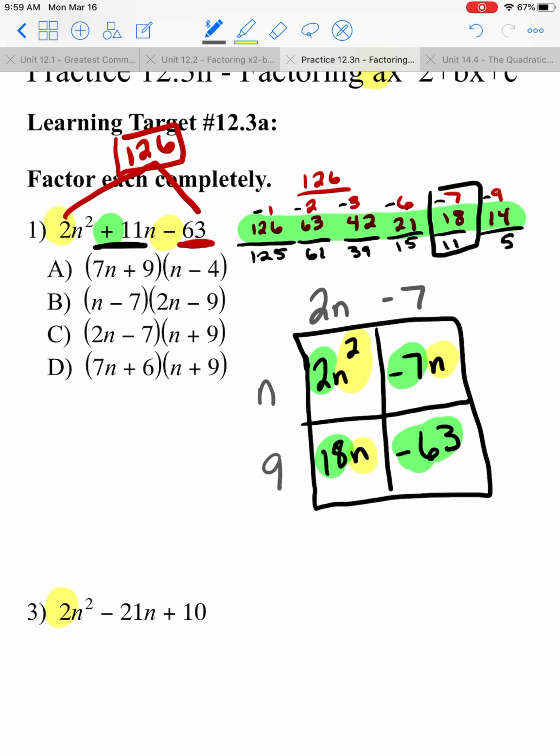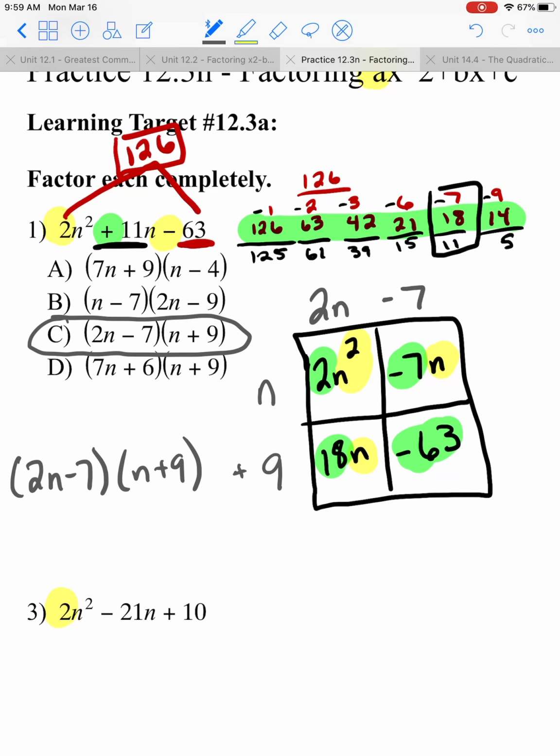I don't have a variable with negative 63, so it can't be a part of my greatest common factor. I was touching a positive box, so that's going to be positive. So I have 2n minus 7 times n plus 9. So for this one, that is C.